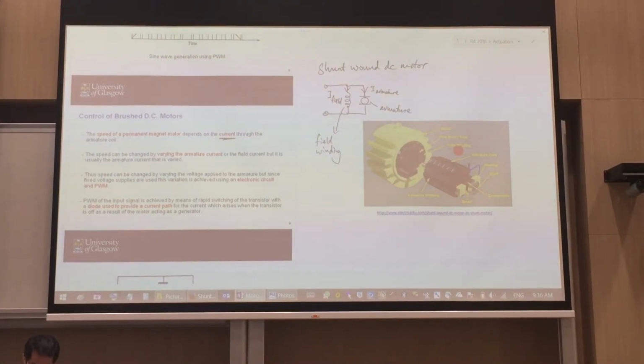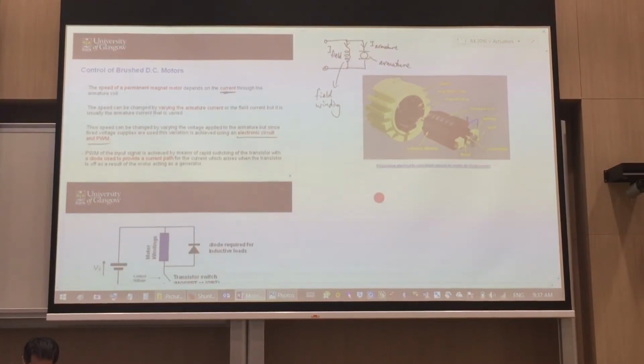So in order to achieve that kind of result, changing the current that's going through your armature winding, what we need to do is to implement an electronic circuit of PWM signal going into your armature winding.